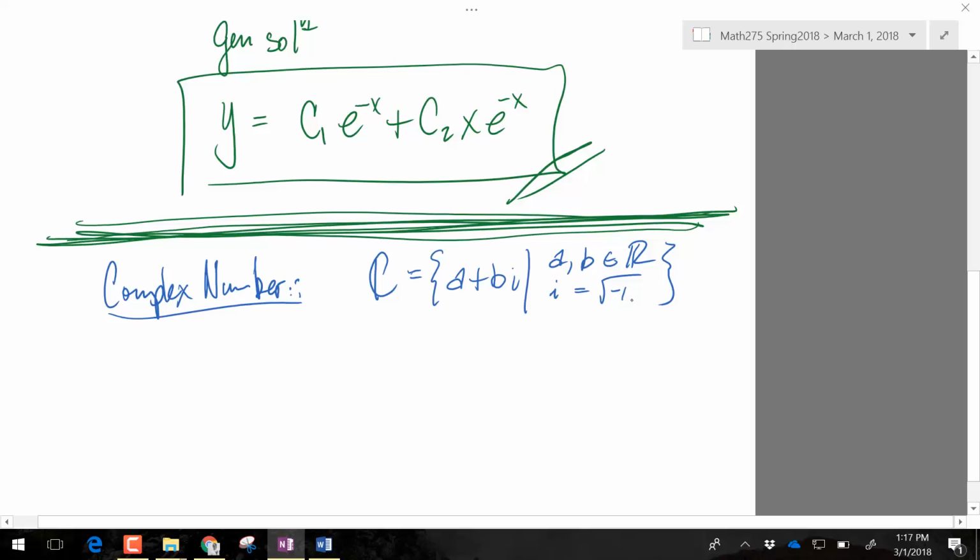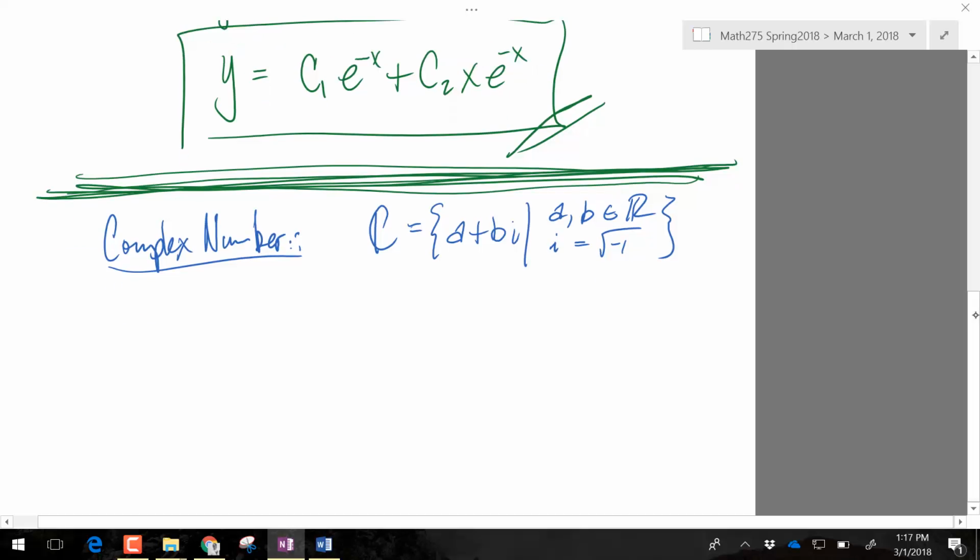And in some physics stuff, they sometimes use j because i is like current in circuits. It's confusion. In any case, this is your typical type of complex numbers.